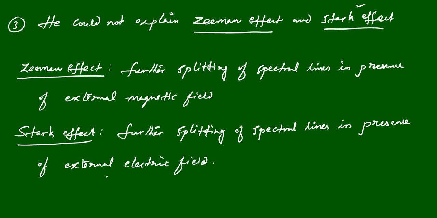So this is called Stark effect. So these things Bohr couldn't explain. Hence we can say these are a few drawbacks or limitations of the Bohr model. So this is all about the Bohr's atomic model.